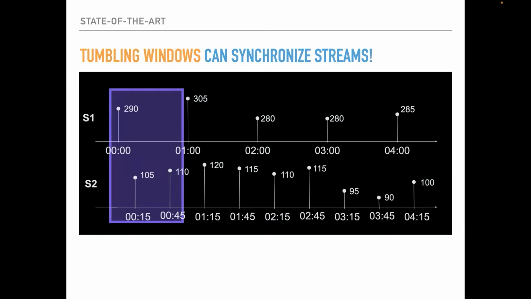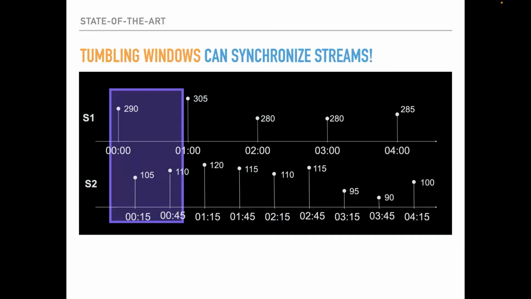They come with different frequency. S2 is definitely more frequent than S1, and as you can see, the pins, that represent events over time, are not aligned. So if you do a join on time, the point on S1 will never join with the point on S2. And so if you do an inner join, the result will be an empty stream.